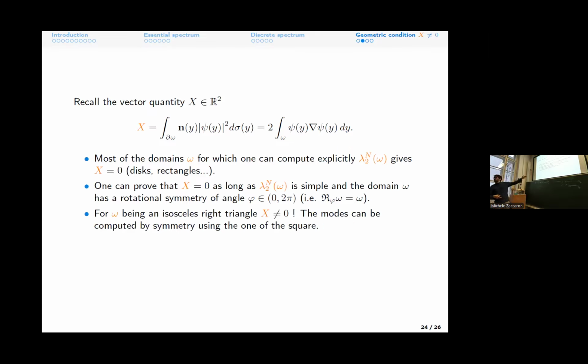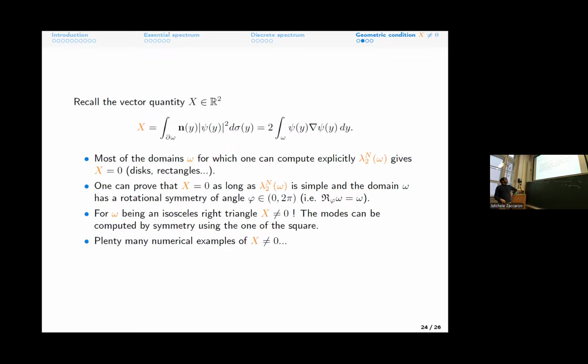But as I told you, there exist explicit geometries. I mean, explicit in the sense you can compute lambda 2 explicitly, and also its eigenfunction. This is by mirror symmetry, actually, for which that gives x non-zero, so geometries that we can use for our condition.